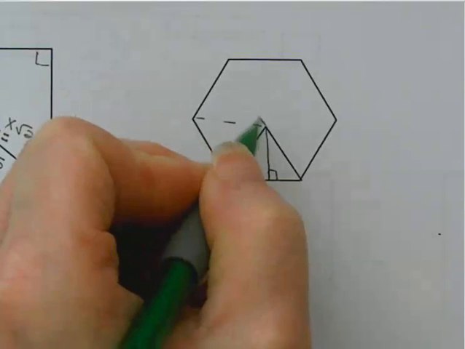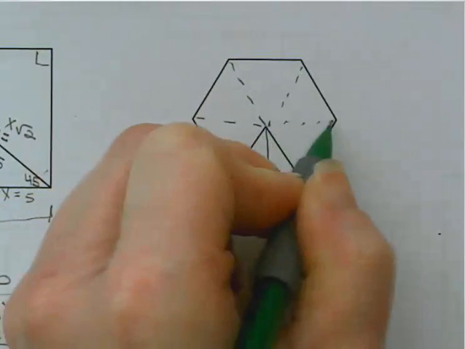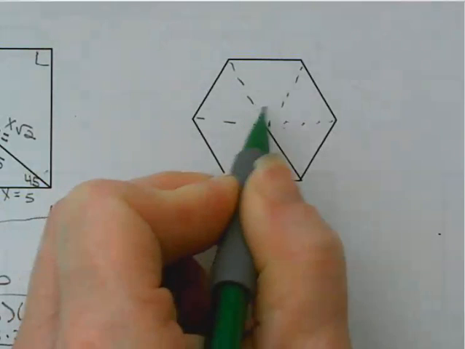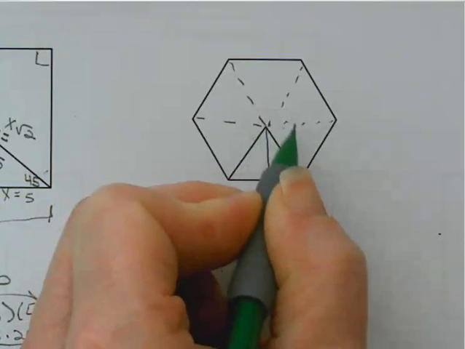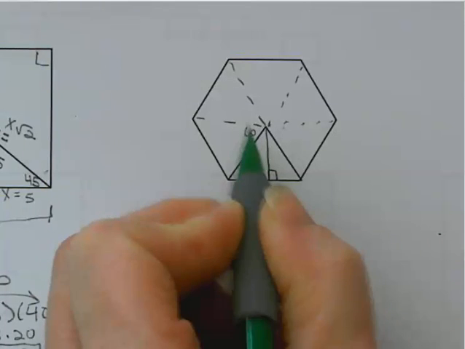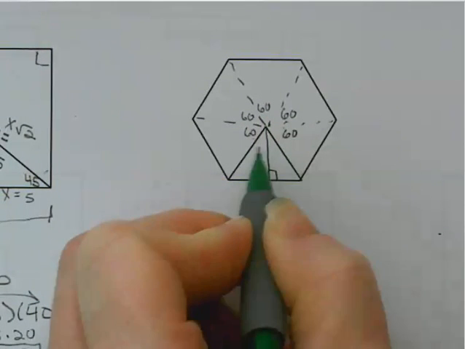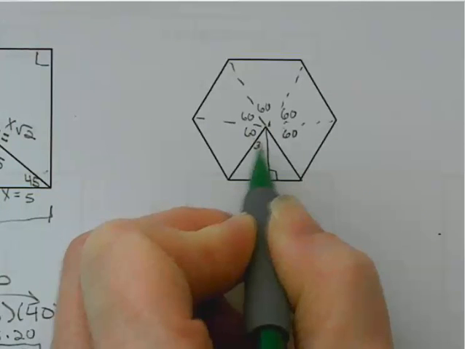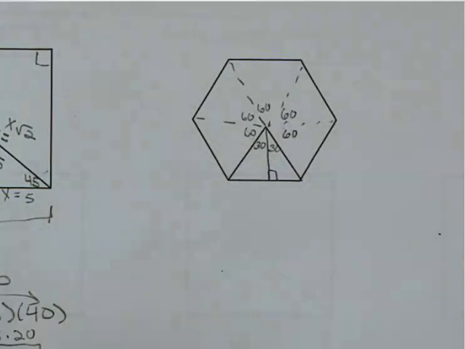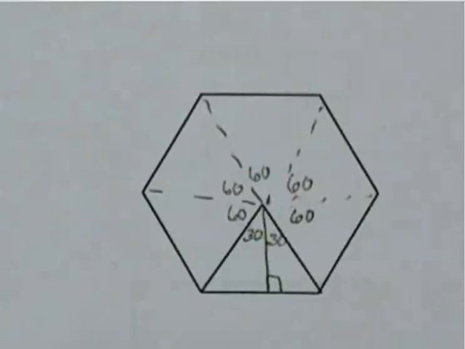We know that if you were to draw a circle here, one complete revolution is 360 degrees, and that's going to give you each of these angles to be 60. And that's going to split this into a 30, 30.